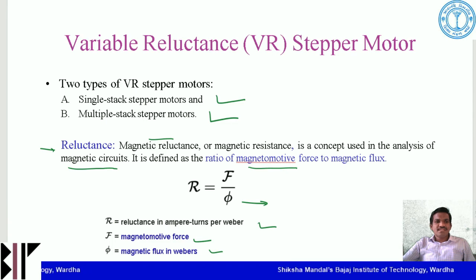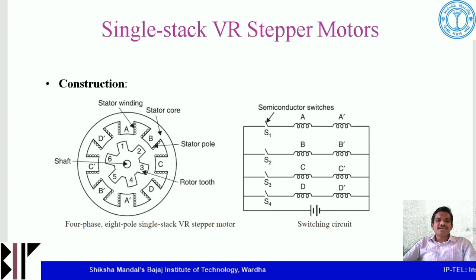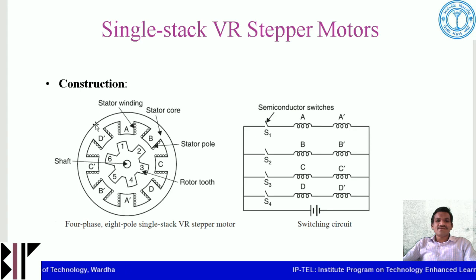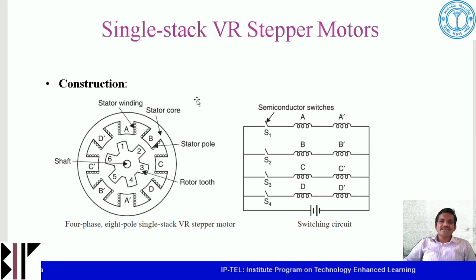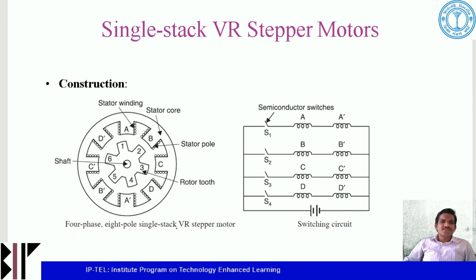Next we will see the single stack VR stepper motor. In a single stack VR stepper motor, this is your stator. I will draw it here. This is your rotor tooth.